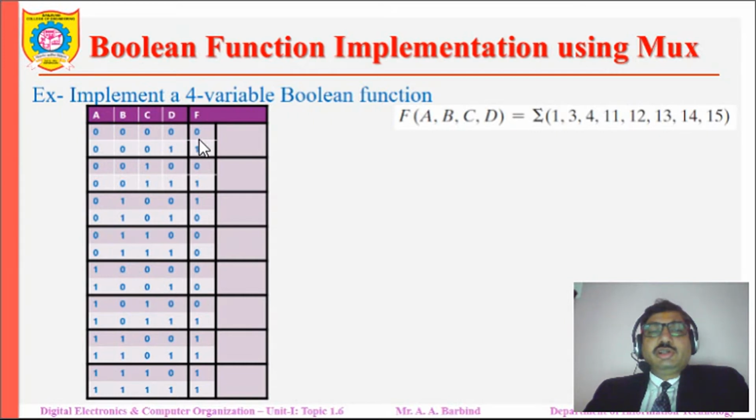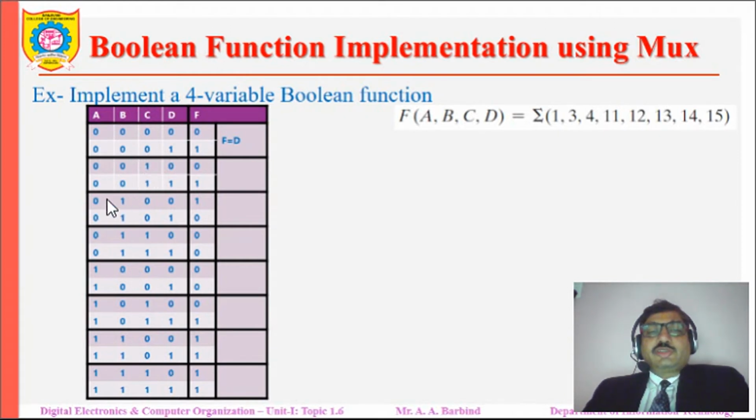So we write the expression here, f is equal to d. So f is equal to d is true for the first pair of rows, for which ABC is equal to 0, 0, 0.